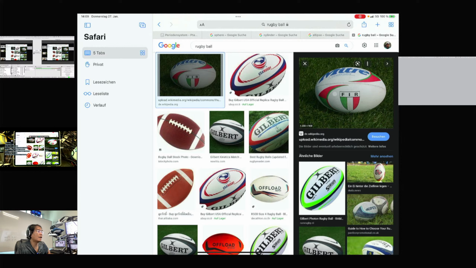Okay, and before we go to the next one, this is the trace of the ellipsoid. Before we go to the computation of the ellipsoid, let me ask you, you know the Earth, right?